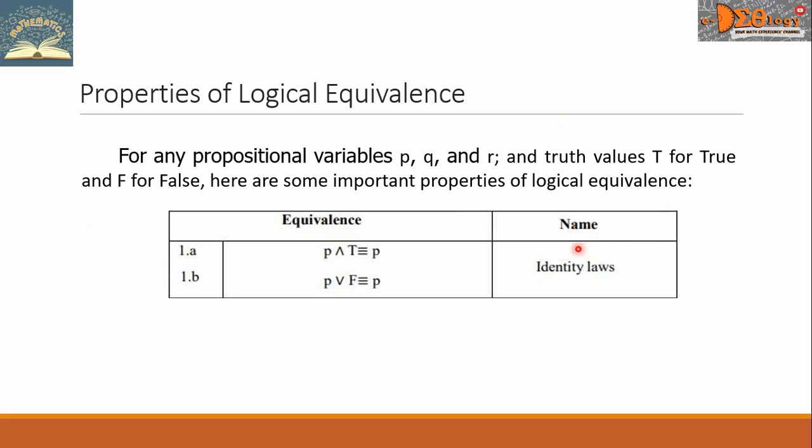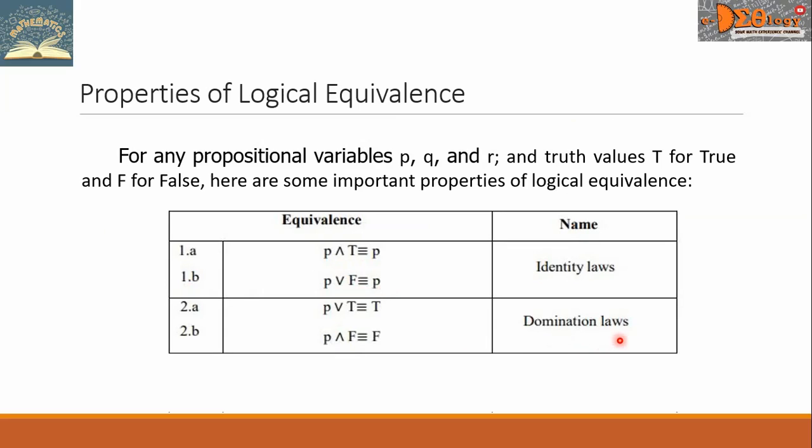Number one is identity laws. We have two parts. 1a, P and true is logically equivalent to P. 1b, P or F is logically equivalent to P.